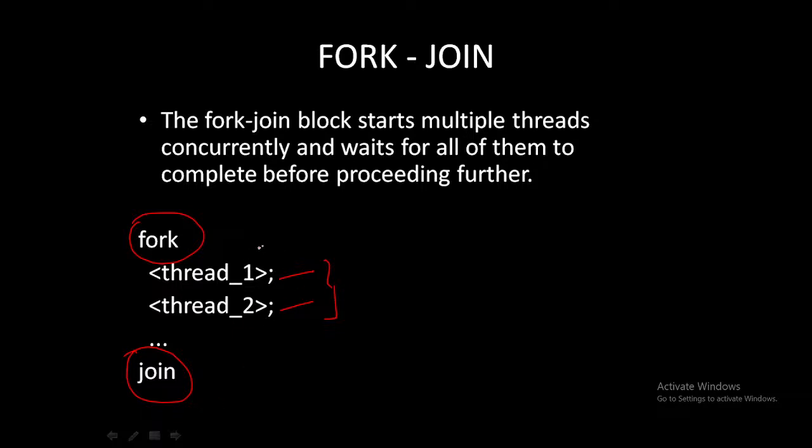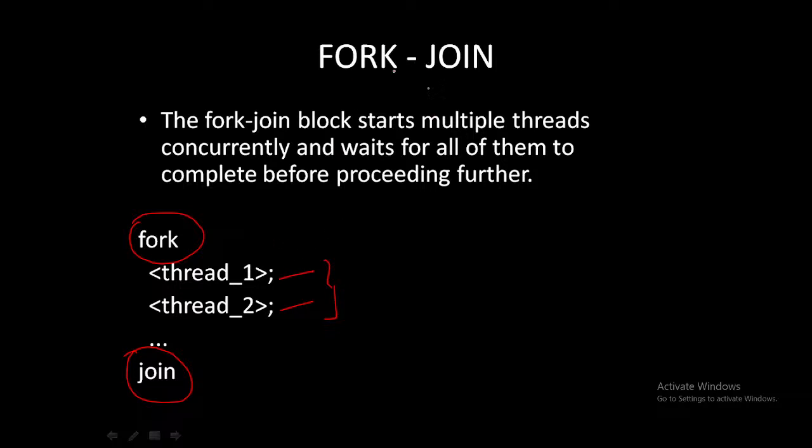Until the completion of thread one and thread two, the compiler will not get out of this fork join. Until the execution has been completed, it will not get out of this fork join block.